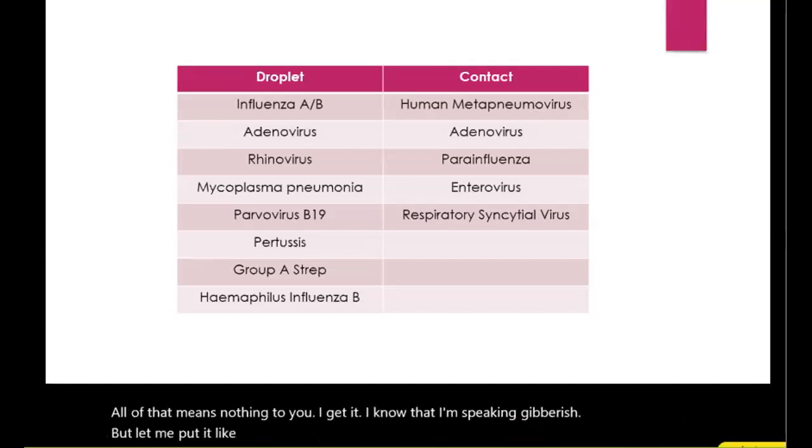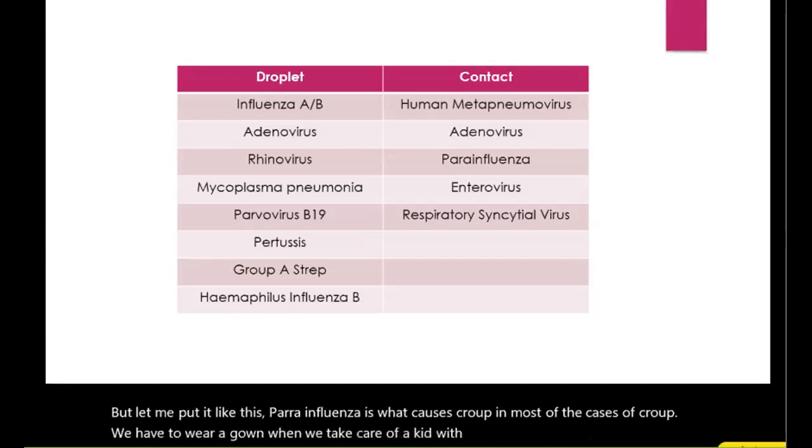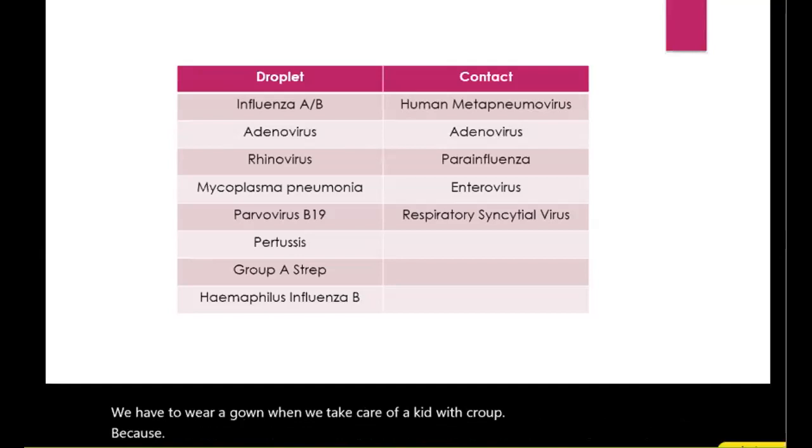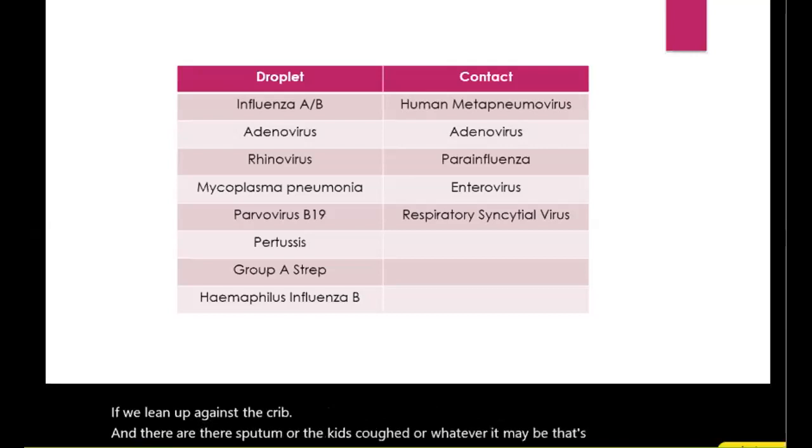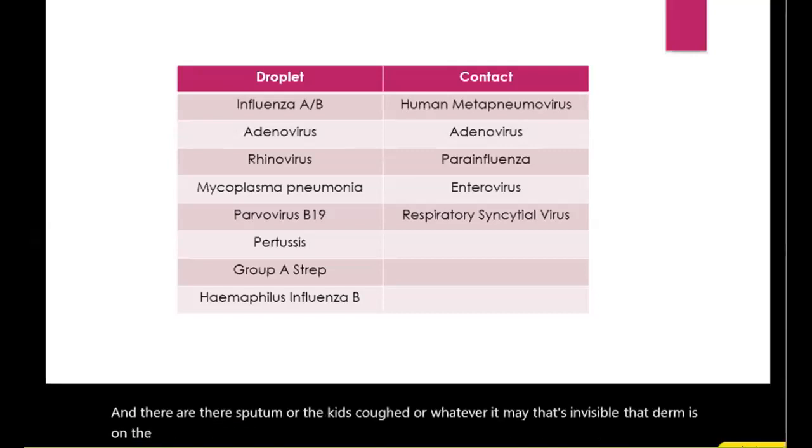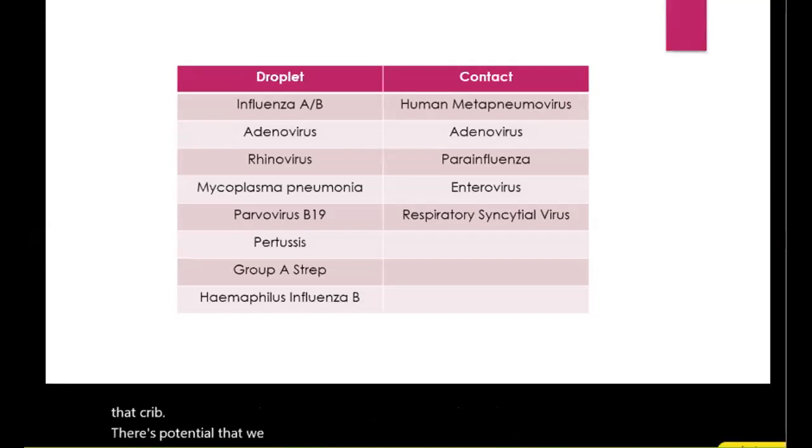Parainfluenza is what causes croup in most of the cases of croup. We have to wear a gown when we take care of a kid with croup, because if we lean up against the crib and there's sputum or the kid's coughed or whatever it may be that's invisible, that germ is on the crib, and then we wash our hands and we go to the next room and lean up against that crib, there's potential that we could spread that virus.